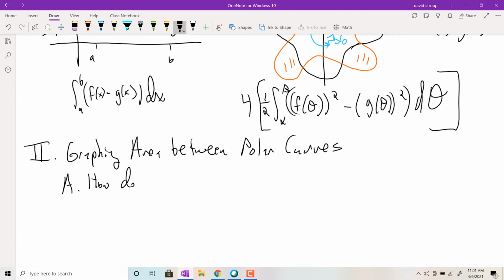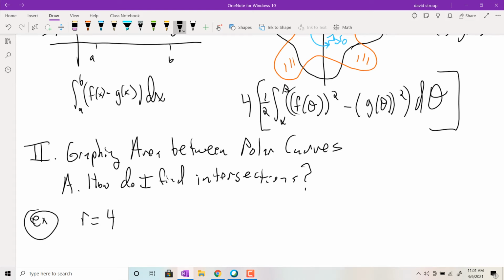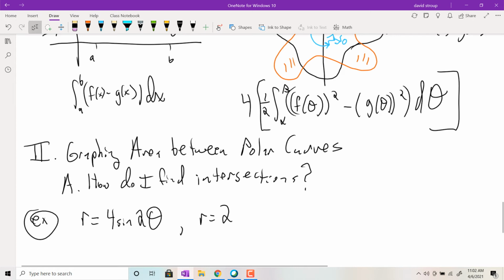How do I find intersections? Okay, so let's look at an example here. We have two polar curves, r equals 4 sine of 2 theta, which is some kind of rose petal, and then r equals 2, which is just a circle with radius 2.